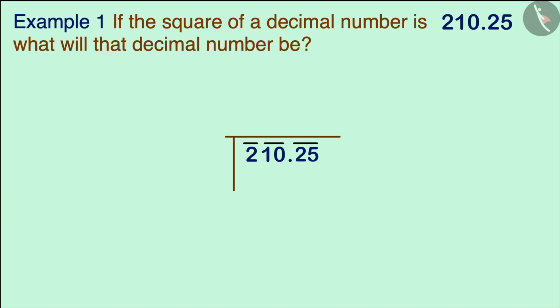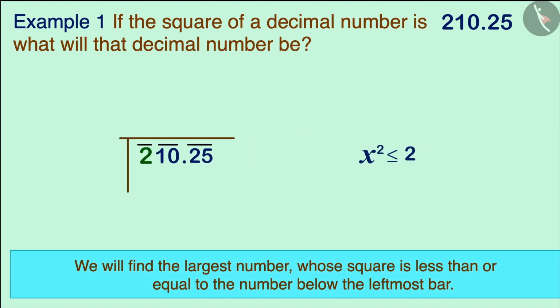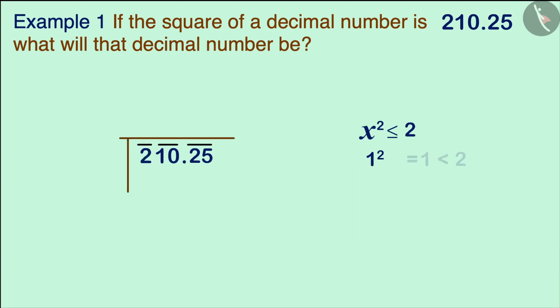Now, for the first digit of the square root, we will find the largest number whose square is equal to or smaller than the number below the leftmost bar, that is 2. Since the square of 1 is 1, which is smaller than 2, that number will be 1. This will be the first digit of the quotient.